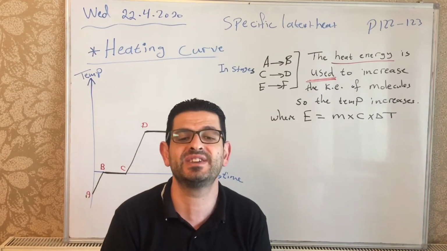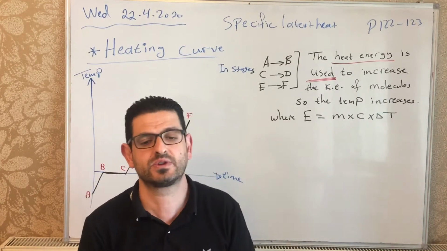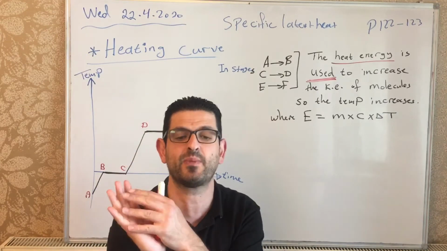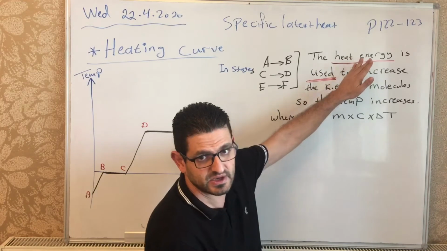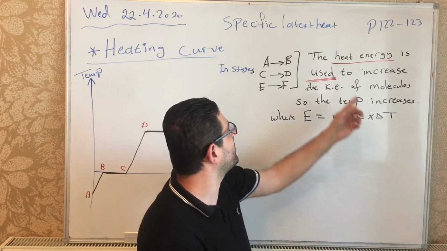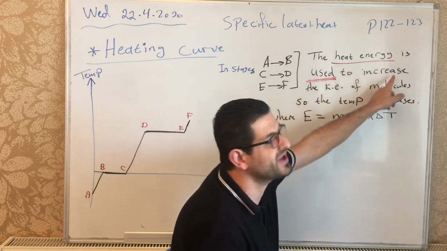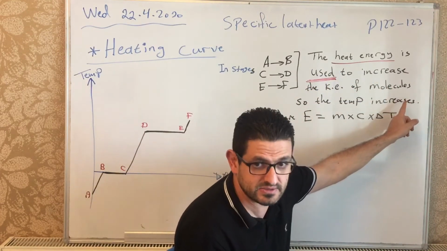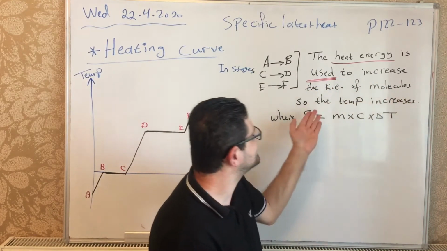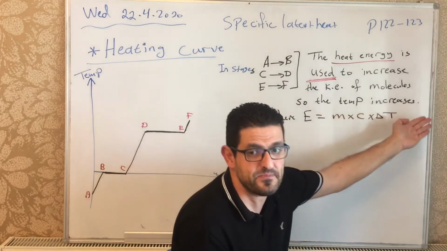We studied previously that energy cannot be created or destroyed, but it changes from one form to another. Here, I'm using heat energy, and it's used to increase the kinetic energy of molecules. And this leads to an increase in temperature.